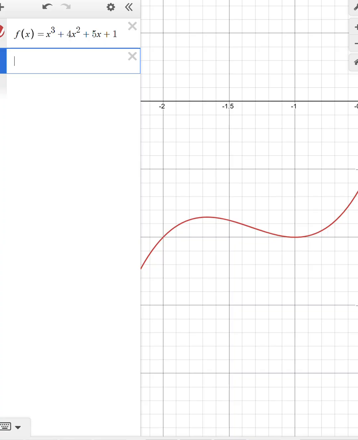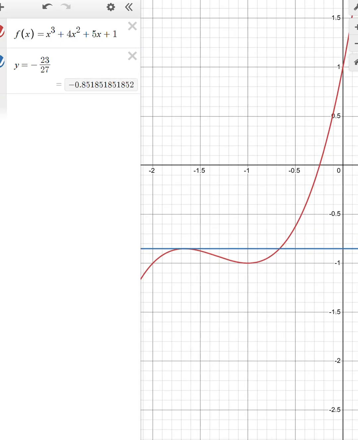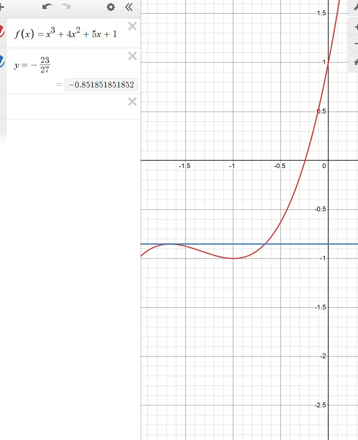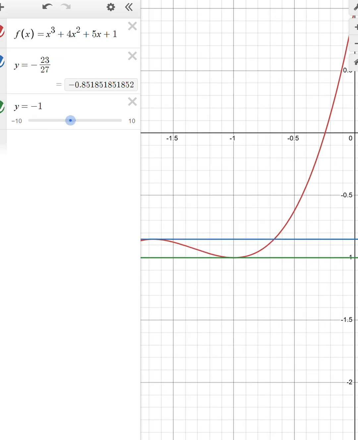Let's check that out. y equals negative 23 over 27. Would you look at that? Absolutely beautiful. And y equals negative 1. Would you look at that?